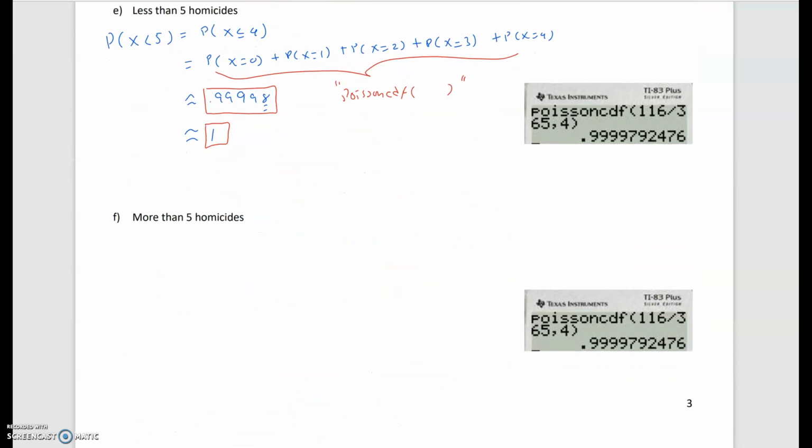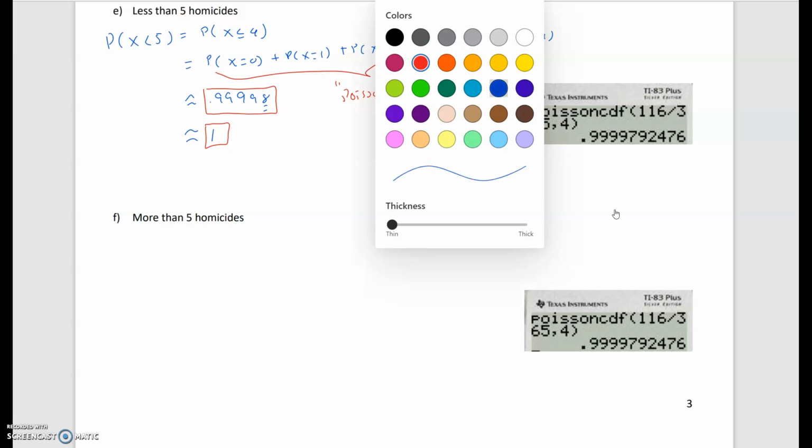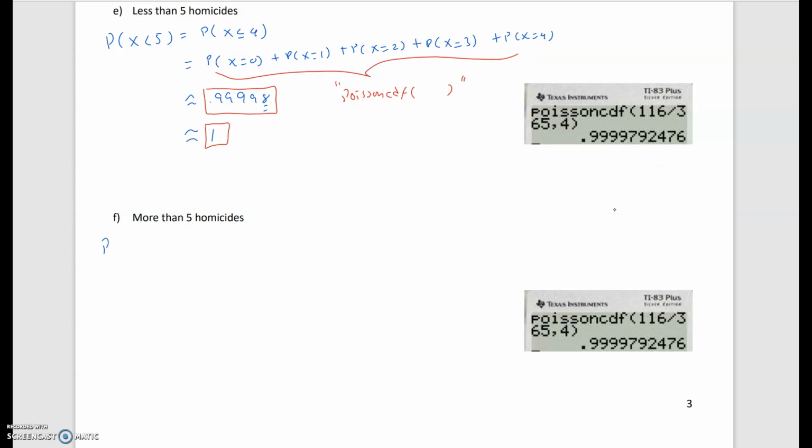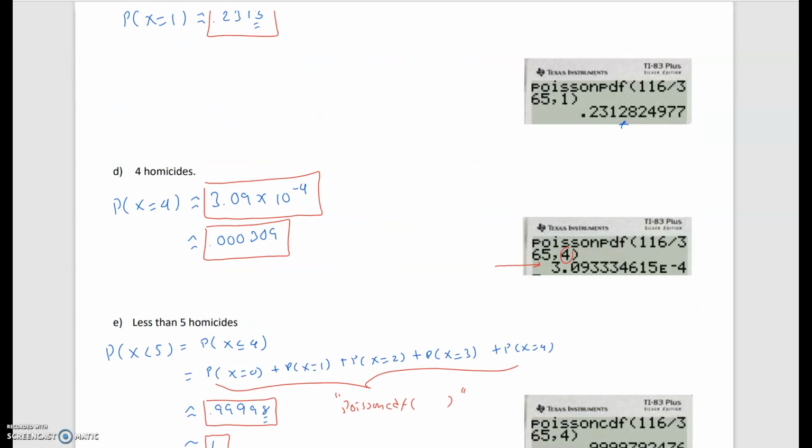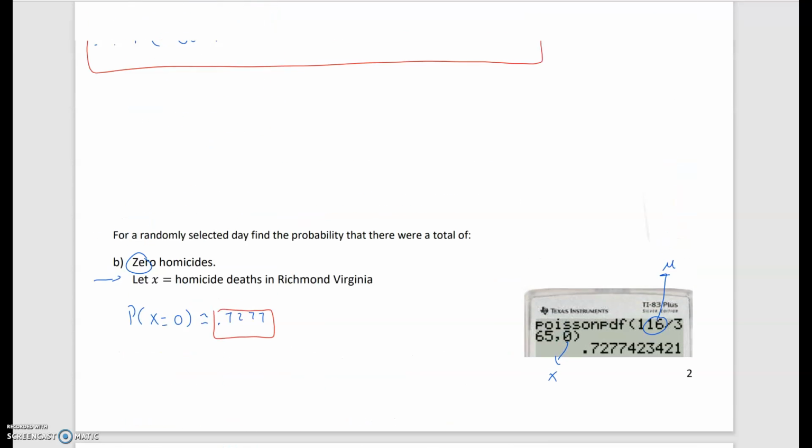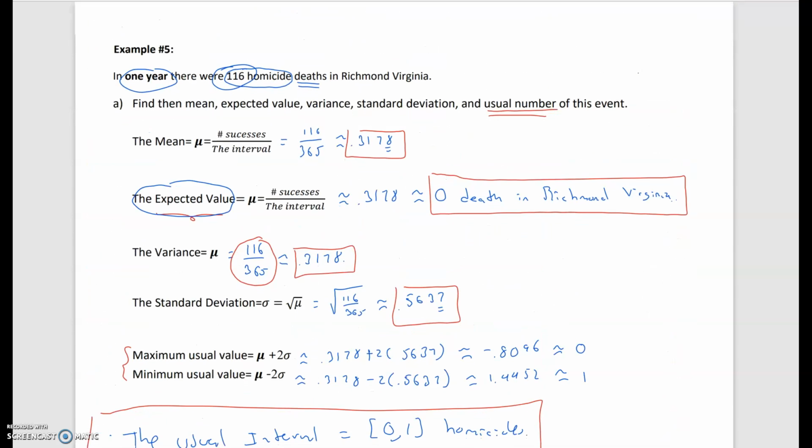Now, in the same format, if they want a greater than, so in this case, the probability of x is greater than 5, well, that would be equivalent to this calculation, but you're not given an upper bound. And technically, there could be an extremely large value of homicides in the city.